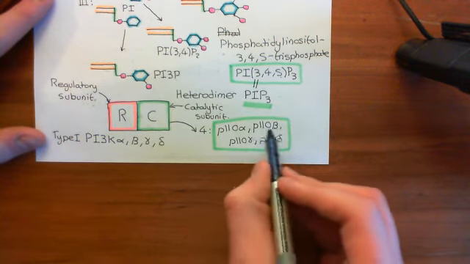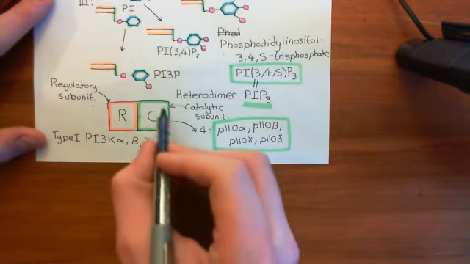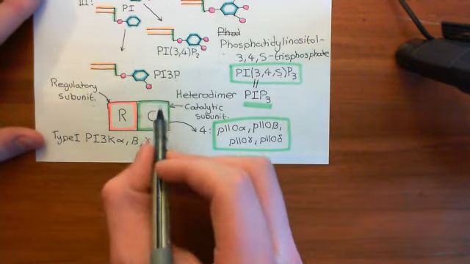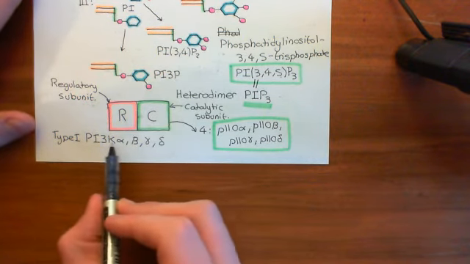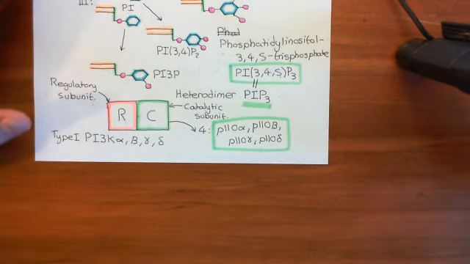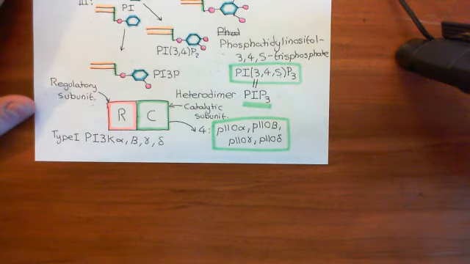This just refers to which of the catalytic subunits you actually have within your heterodimer. If you are a PI3 kinase alpha, I don't care what your regulatory subunit is, but your catalytic subunit is P110 alpha. Same for beta, gamma, and delta. So, that's the naming of the type 1 PI3 kinases.